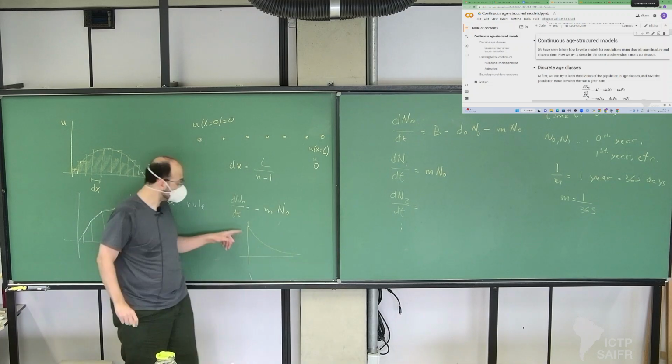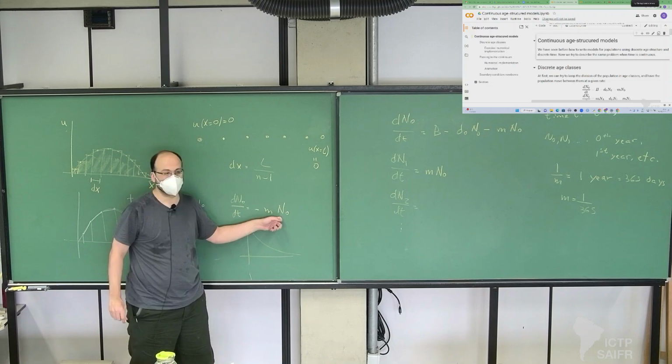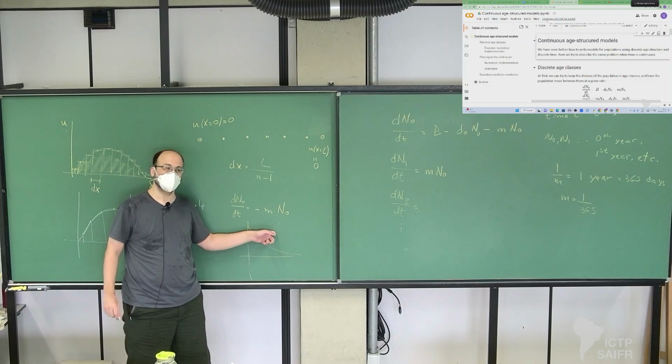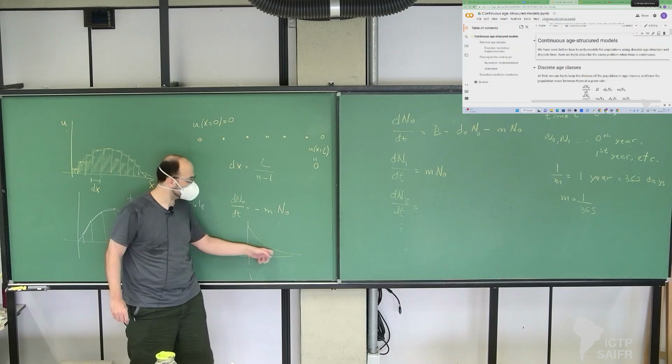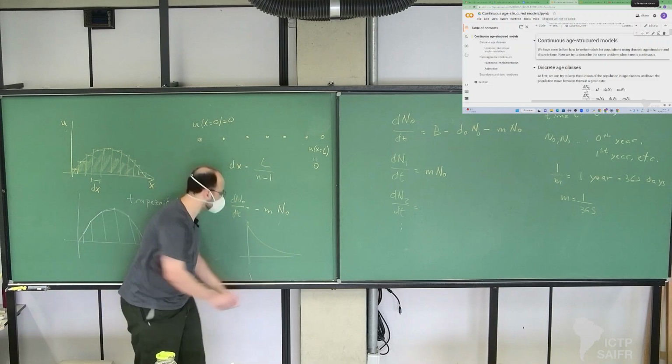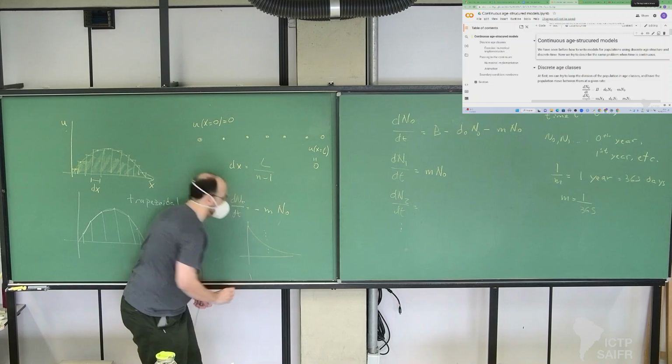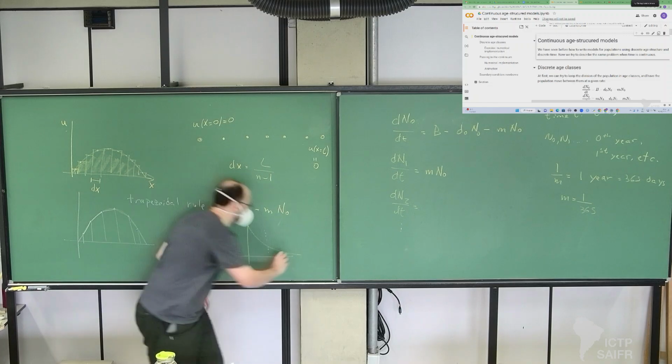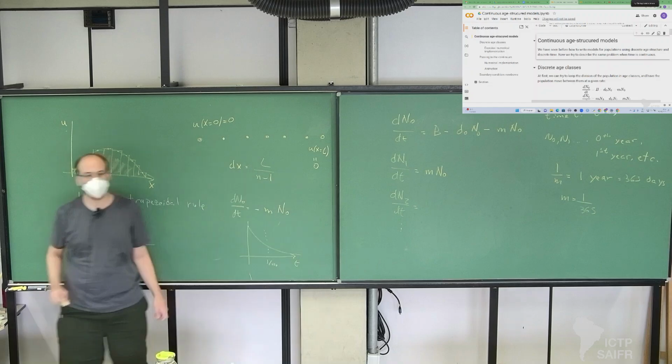But how long, on average, does it take for an individual to live? 1/m. But you have individuals living much quicker than that, and others taking much longer than that. So this is time over here, and the average, 1/m, is around here.